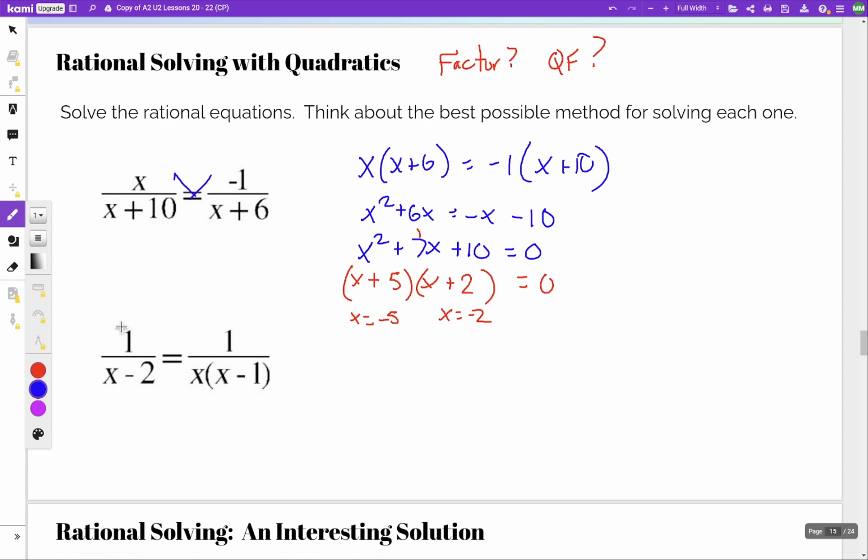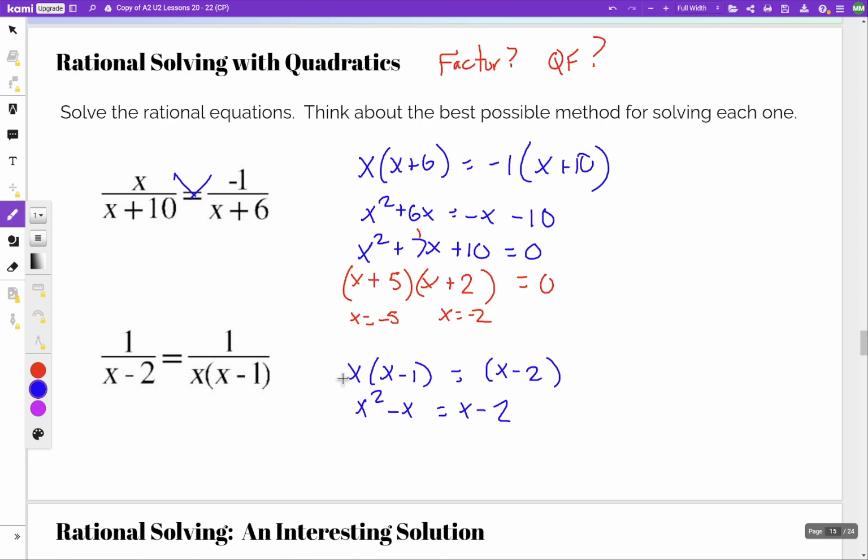Let's go back to blue. Let's cross multiply. So 1 times this, all right, so we have x times x minus 1 equals 1 times x minus 2. We don't have to put the ones because they're ones. X squared minus x equals x minus 2. Perfect, all right. We have an x squared term, so let's collect all the terms on one side.